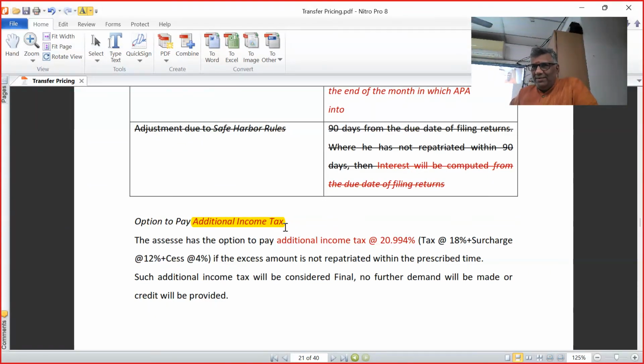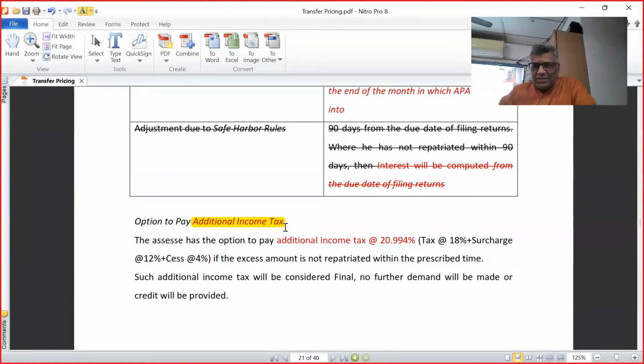Okay, Raja, I decided to pay the suo moto adjustment. I decided to pay additional income tax on 31st March. What happens? Okay, right.